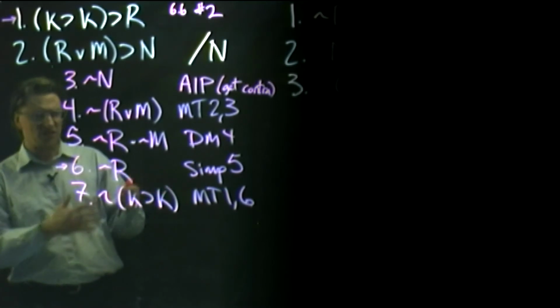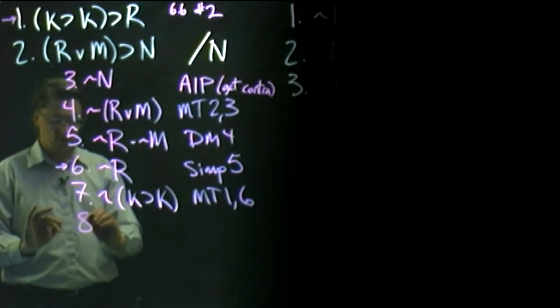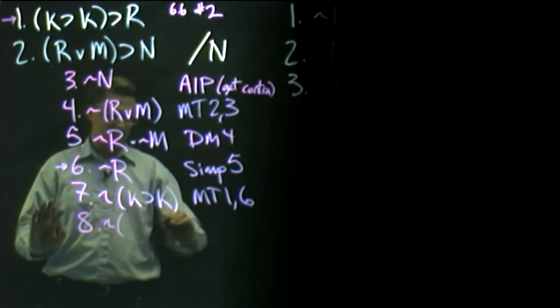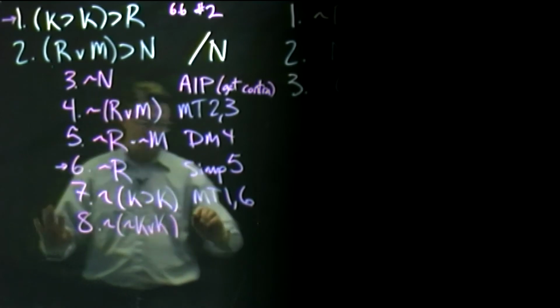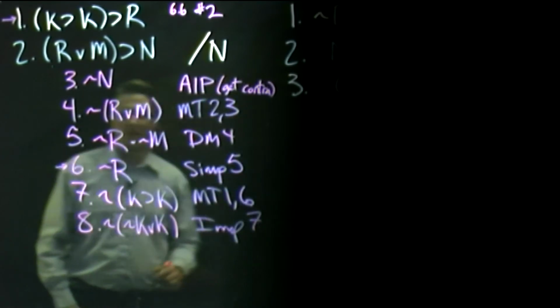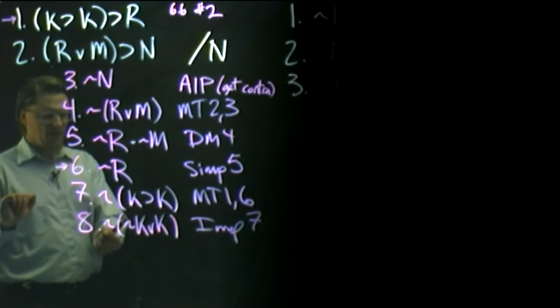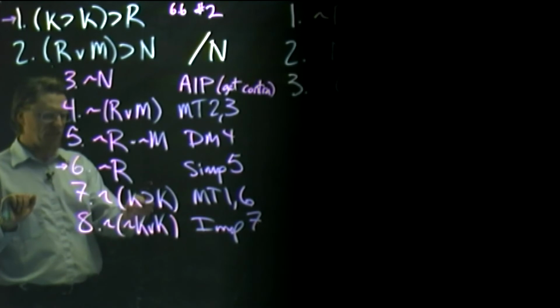So since I'm just trying something, I'm going to use material implication here on line 7, giving me tilde K, wedge K, right? Material implication takes the horseshoe, turns it into a wedge, and adds a tilde to the left-hand side.